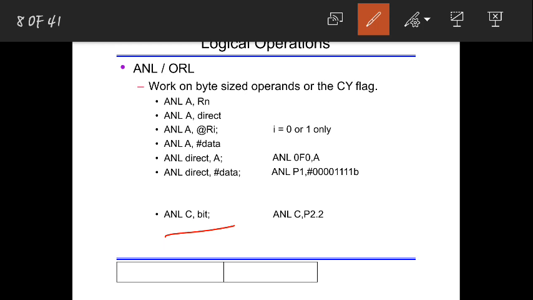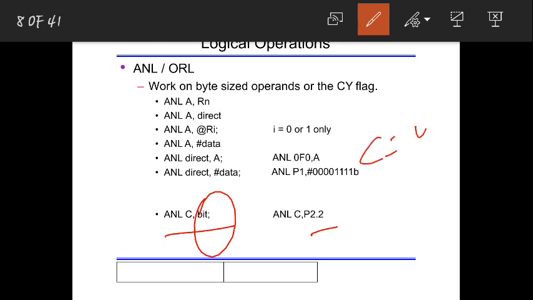Now next here you have ANL C comma bit. Okay, that means this is a single bit operation. So this bit can be any one bit. He has taken P2.2 or P1.1 port. From a port you can take any one bit, or from the accumulator also you can take one bit, ACC.1 or ACC.0. In that way you have 8 bits, and from that you can take any one bit and operate on that single bit.